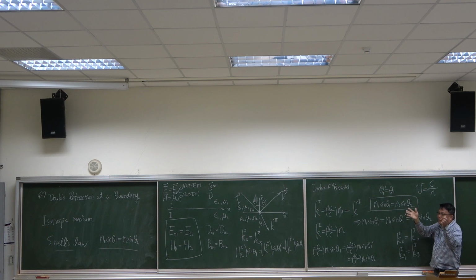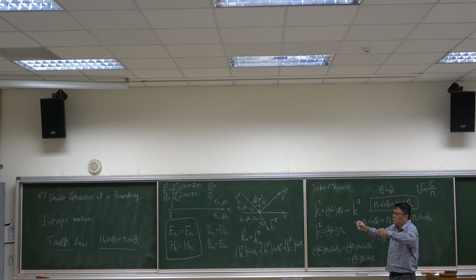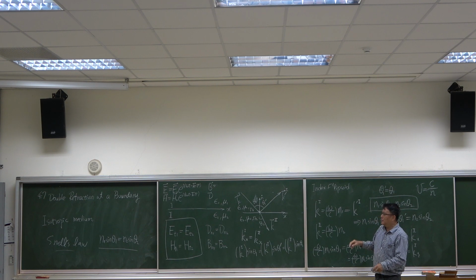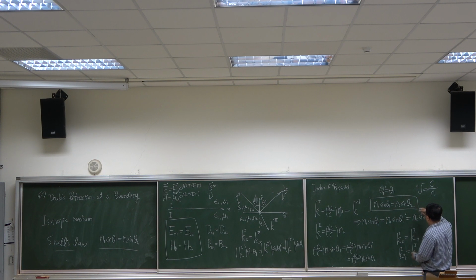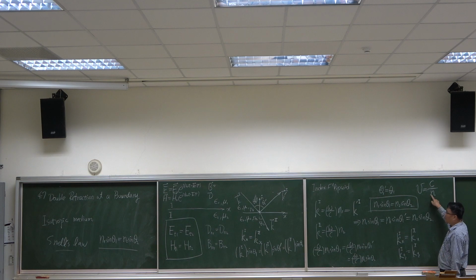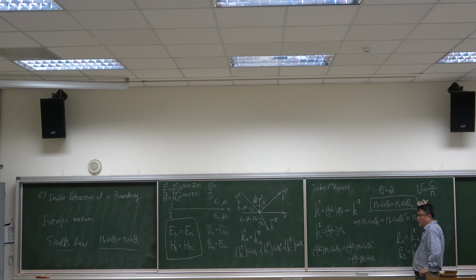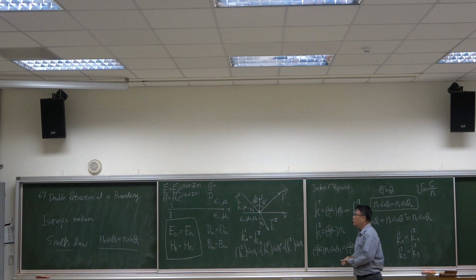You can define this kind of medium as so-called vacuum. Then you know that the speed of acoustic wave is inversely proportional to a factor. We can define this factor as so-called refracting index. So you can apply Snell's law to acoustic waves.